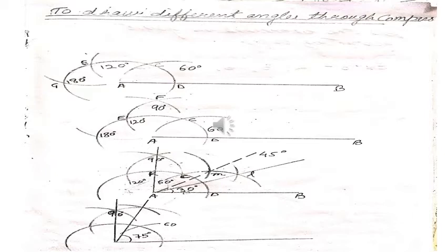Now from C put the pointer and mark E as 120. Now at point E mark G, which is 180 degrees.